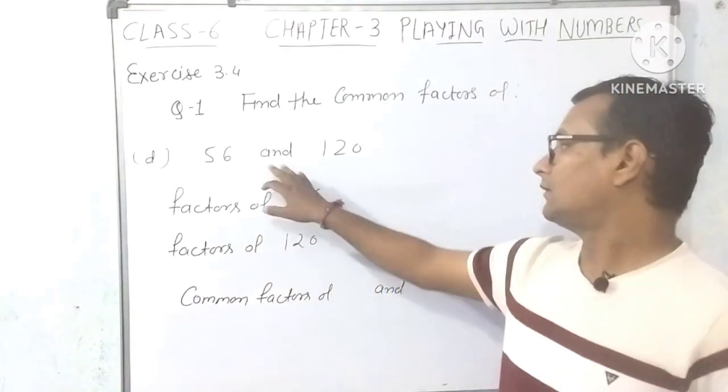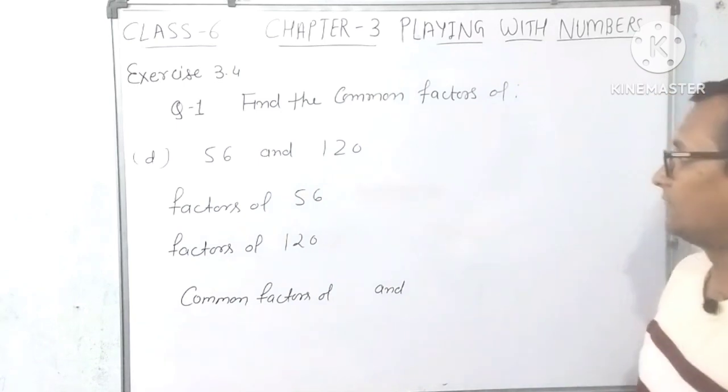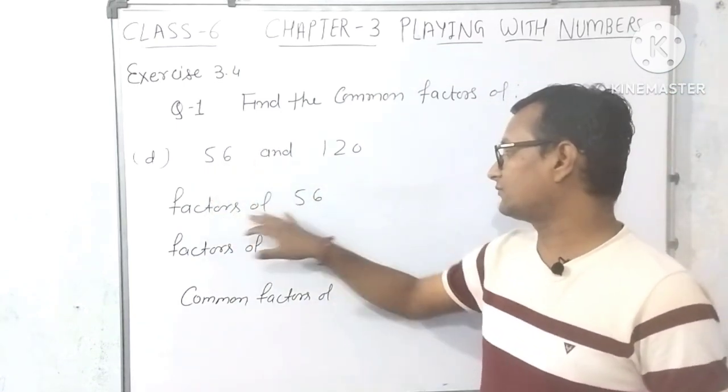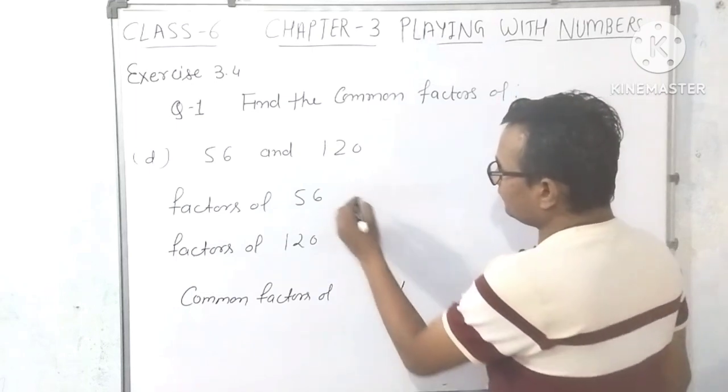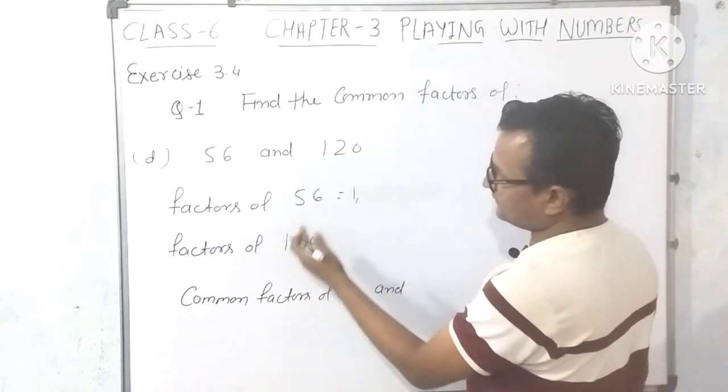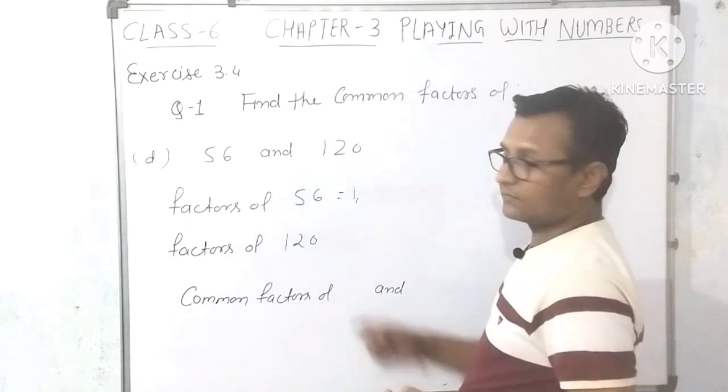Now D, 56 and 120. We have to find out the common factors of 56 and 120. So let's find the factors of 56. 1. The last digit is 6, so it is divisible by 2, so it is a multiple of 2.